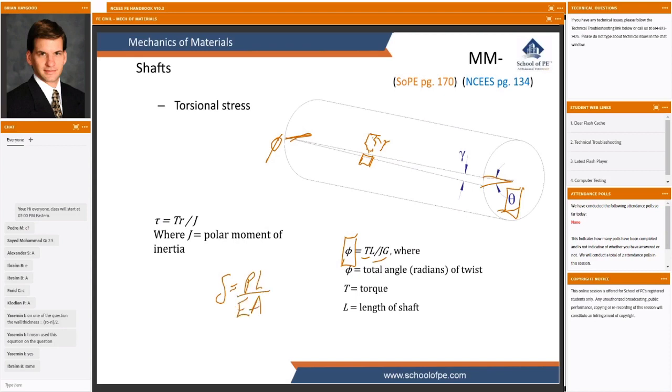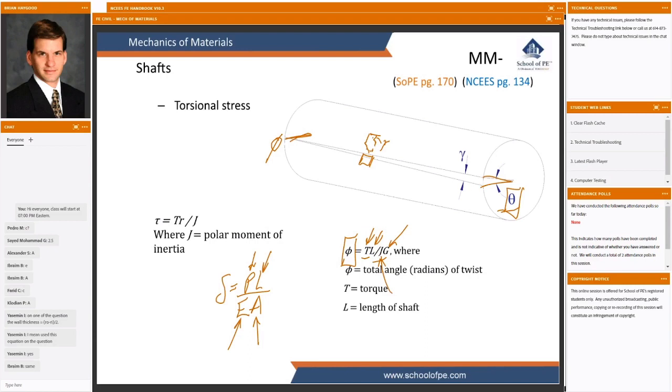The load was P, now the load is torque. The length appears in both of these. On the bottom, we have a description of the cross-sectional area, as opposed to J, a description of the cross-sectional area and how it twists, and E, the modulus, versus G, the modulus. So we'll use the elastic modulus in one, and we'll use the shear modulus in the other.